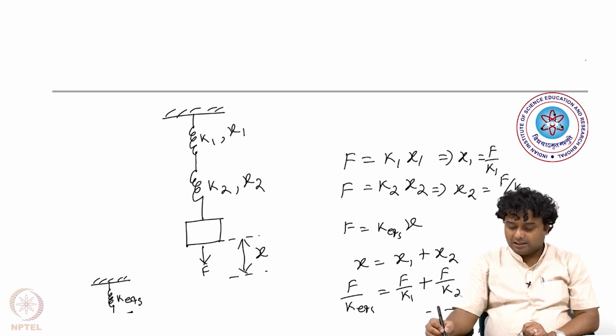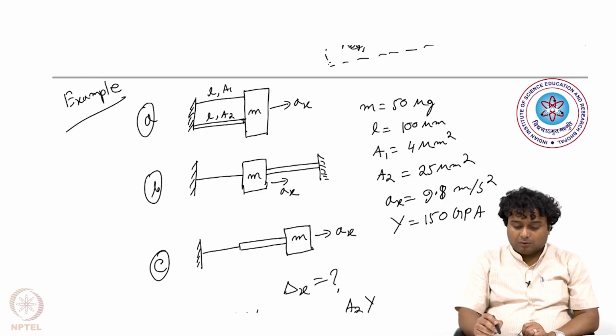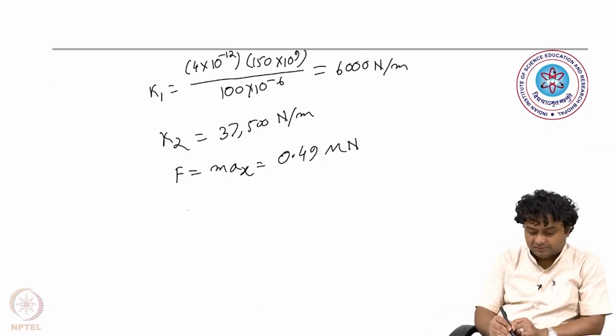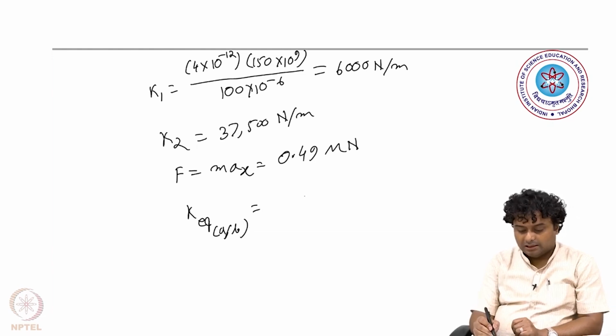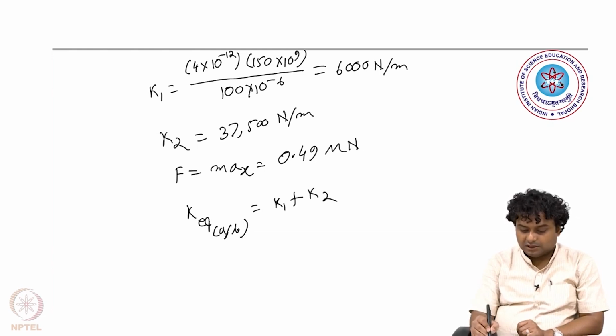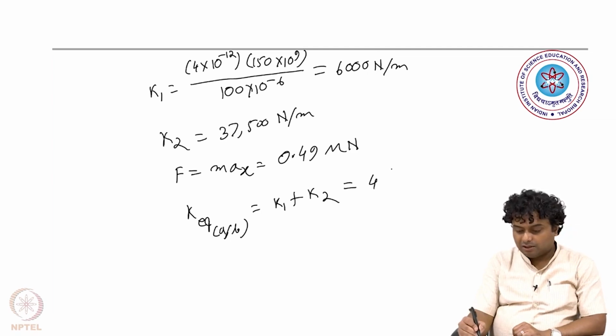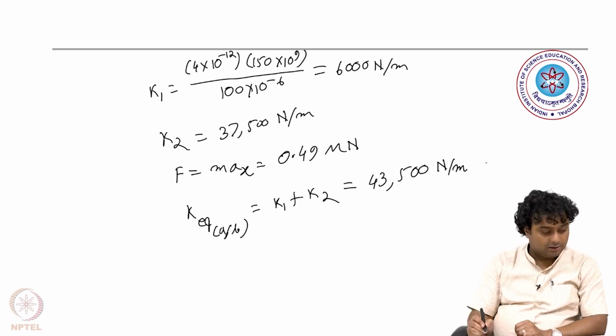In this example, for case A and case B, the deflection is the same, so we can say that the beams are in parallel. So, we can write K equivalent for A or B, for both cases, as K1 plus K2, which equals 37,500 plus 6,000, that is 43,500 Newton per meter. Okay.